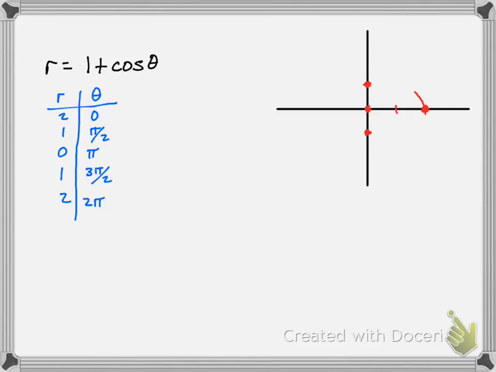So the graph is going to rotate around like this, going back to where we started. And that's the graph that we get for 1 plus cosine theta.